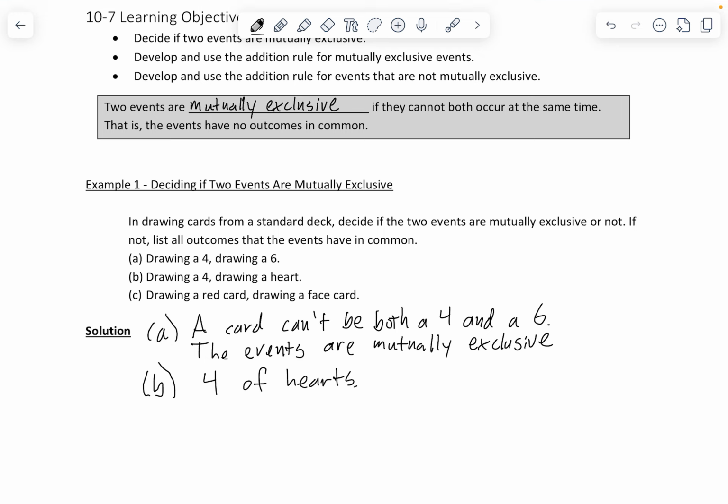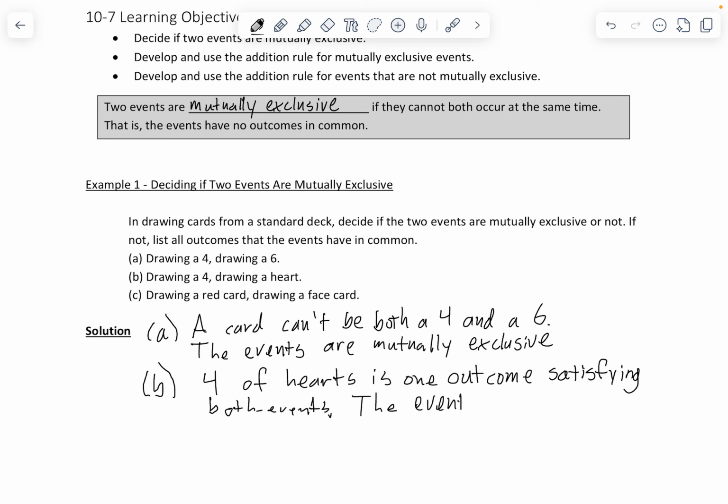So this is one outcome satisfying both events. So the events are not mutually exclusive, because they can both happen.